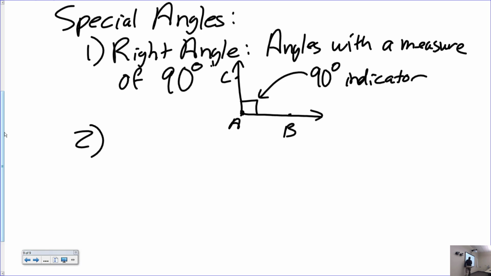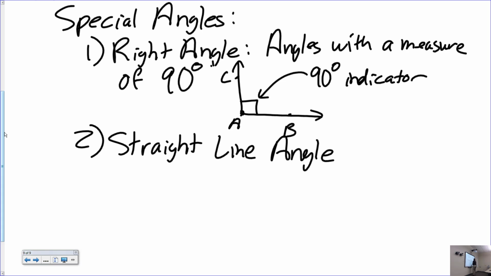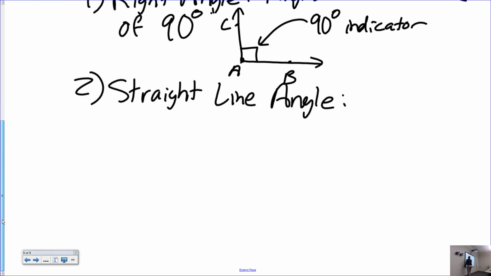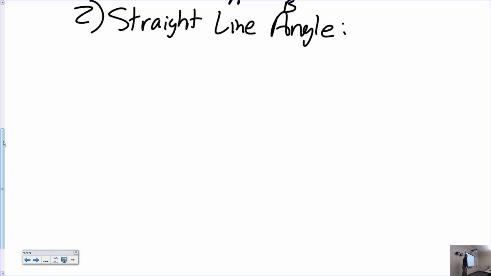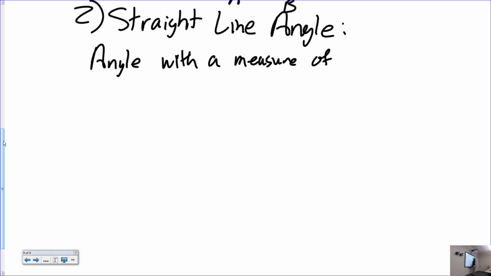Now, another special one is a straight line angle. What does that mean? I'll give you the definition: an angle with a measure of 180 degrees.